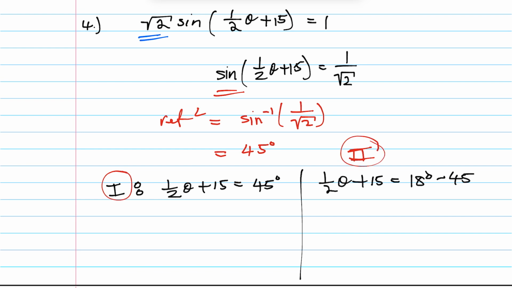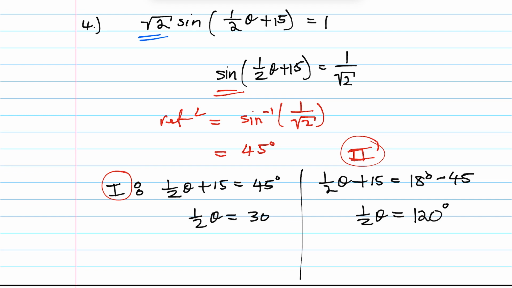Now let's just solve for theta further. I'm going to subtract 15 on both sides. So half theta is equal to 30 degrees. And on this side, we'll have half theta equal to 180 minus 45 and minus the 15. So that gives us 120 degrees.